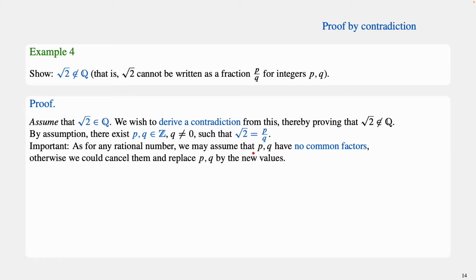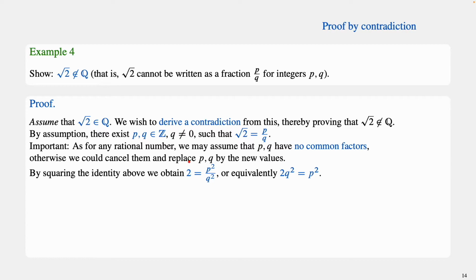So we may assume that p and q have no common factors. For if they did, we could just cancel the common factors and replace p and q by these new values where we remove the common factors. Okay, so this is again an important assumption we make here. p and q have no common factors.